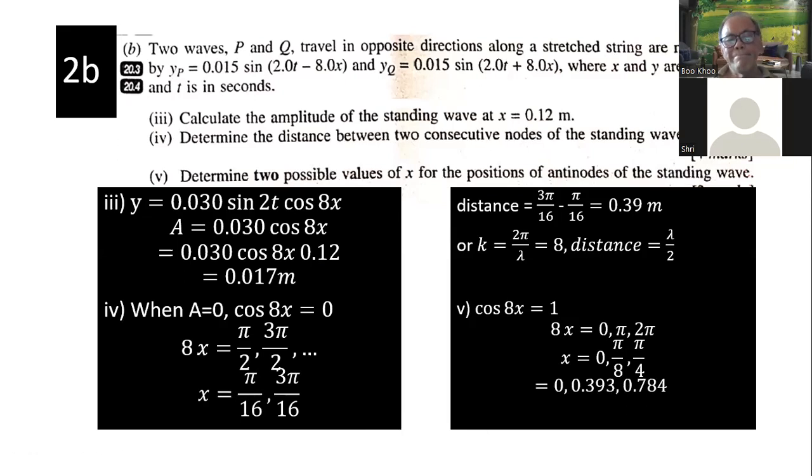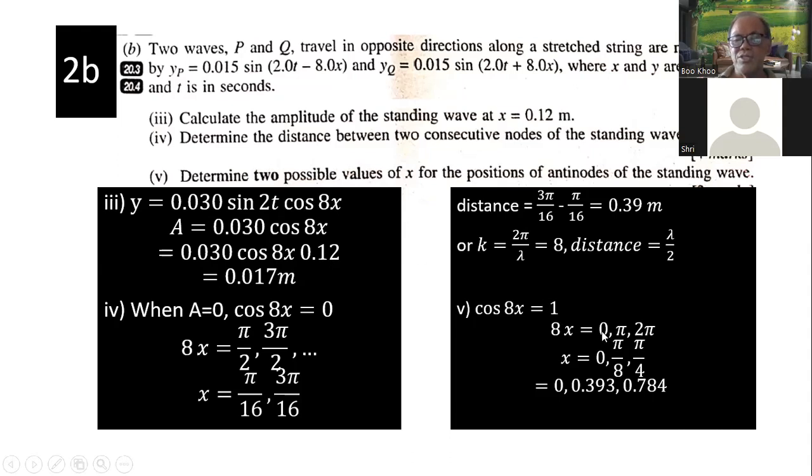Why do you do cos 8x equals 1? I don't understand. You want the two possible values of x for the position of antinodes. Antinode is where the amplitude is, and this amplitude is 0.030. That's why I put 1. 0.03 cancels, becomes 1.